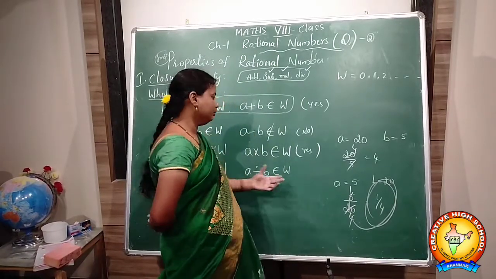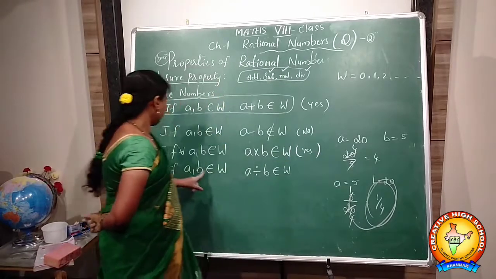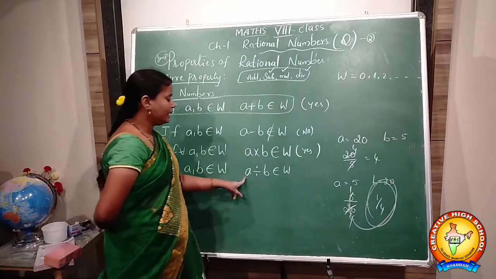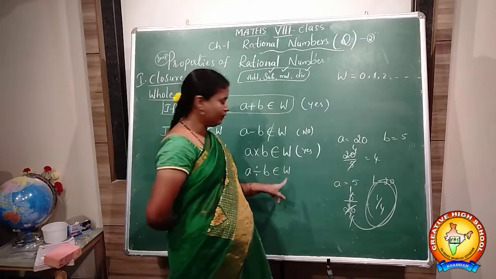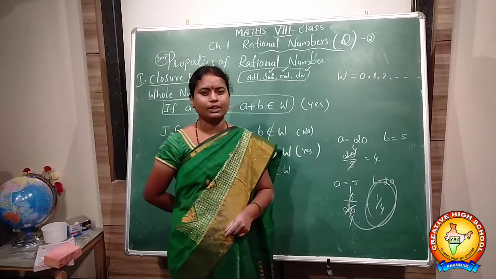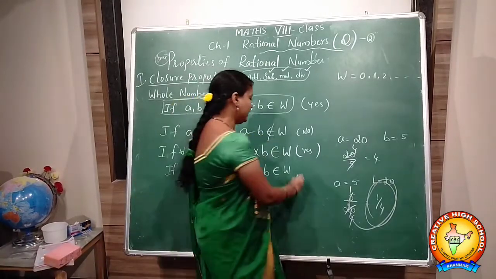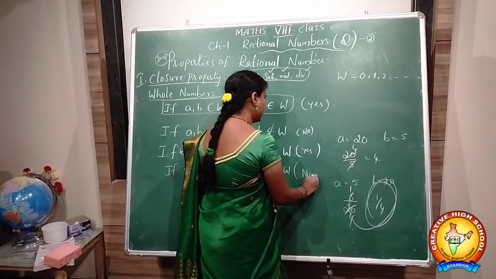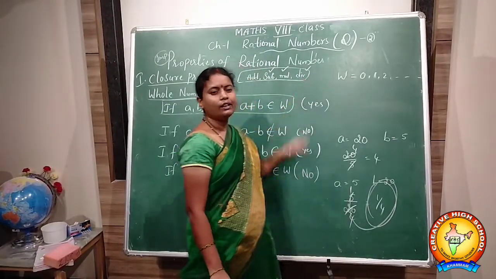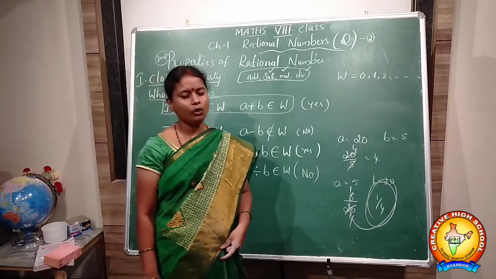So that's why if A and B belong to whole numbers, A divided by B does not always belong to whole numbers. Do you understand? So the closure property of whole numbers under division is not satisfied by the set of whole numbers.